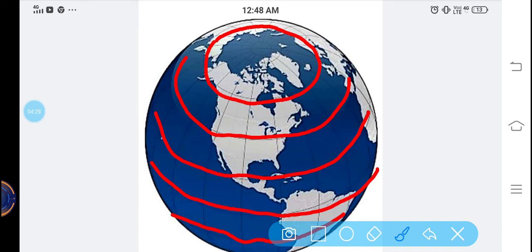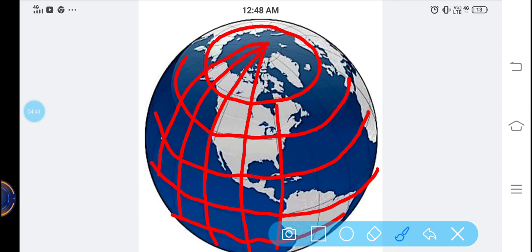And longitudes, these are the lines of longitudes. So children, these are latitudes and longitudes.